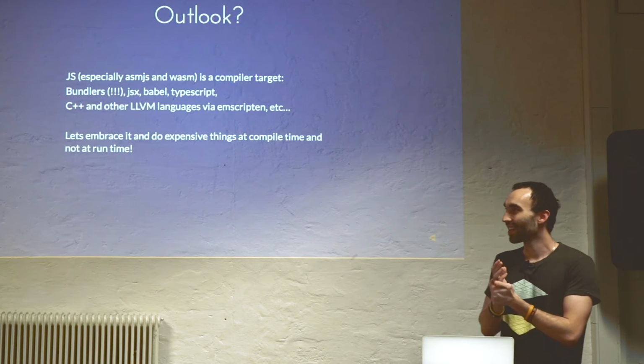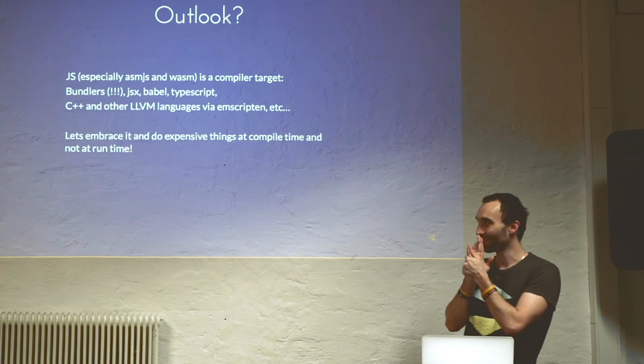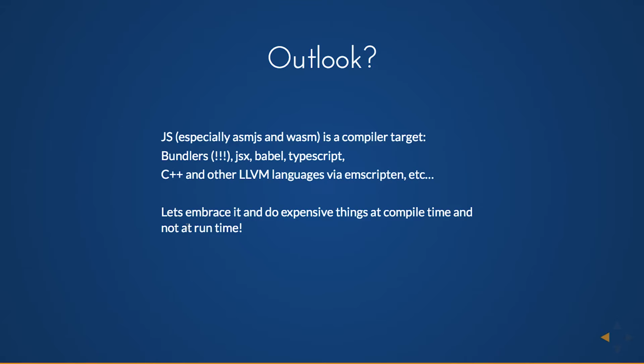So the outlook here is that JavaScript, and especially the variants asm.js and WebAssembly, which is being developed right now, is actually a compiler target. You have JSX, you have Babel, you have TypeScript, and every single bundler parses your JavaScript and compiles it into a different kind of JavaScript.